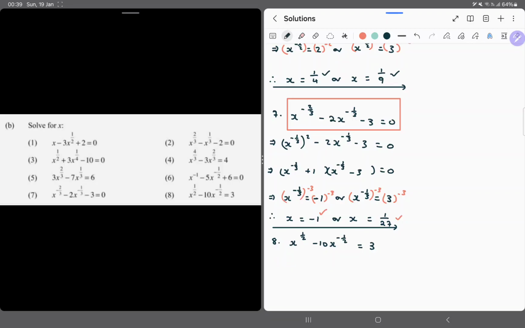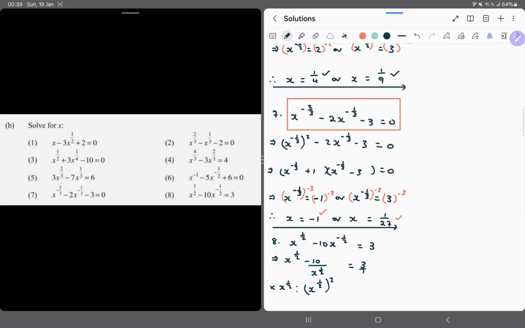But we need to do something else and say this is x to a half minus 10 over x to a half, we change this to a positive exponent. Now we multiply by x to a half throughout. So we end up with x to a half all squared, right?